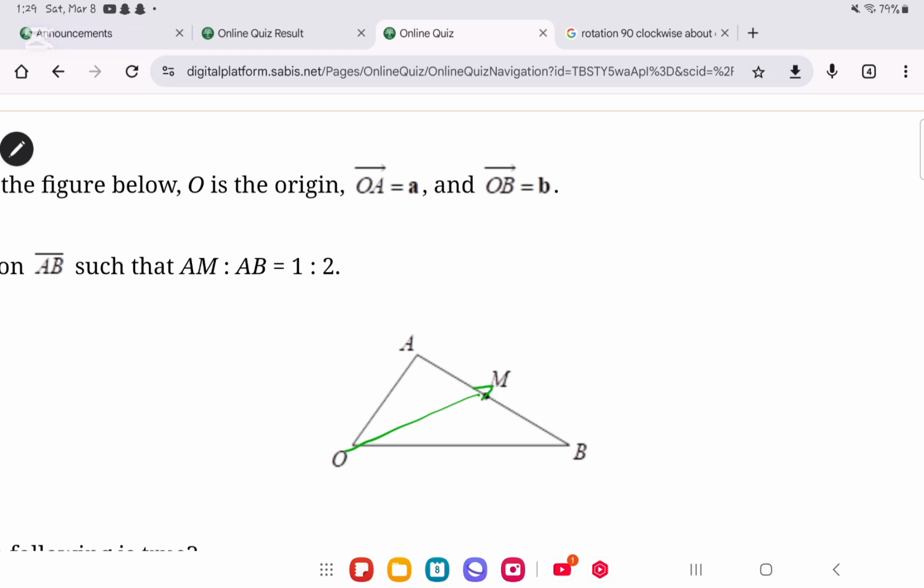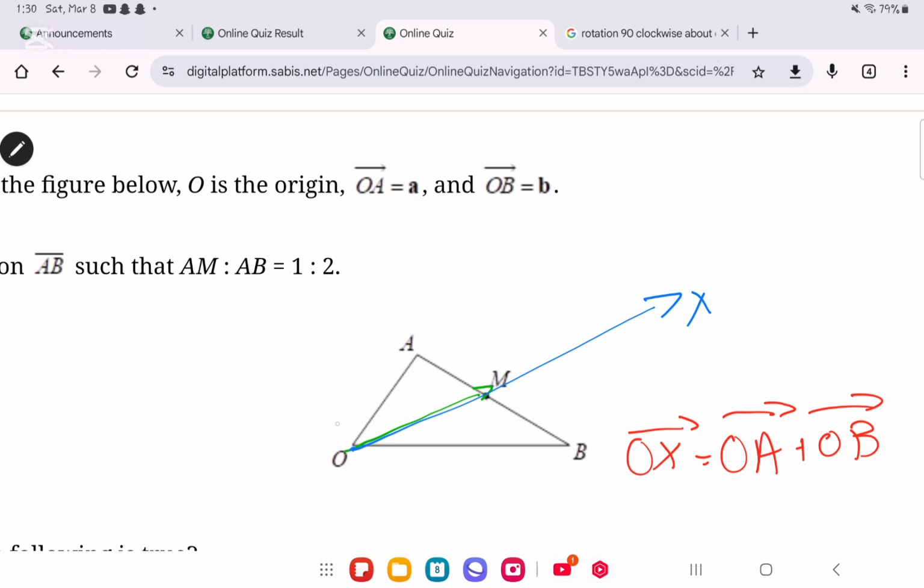There are very many ways to do it. An easy way would be to take it like this. OM is half of the total ray, which could be, let us say, OX. Based on previous examples, we know that OX would be equal to OA plus OB.